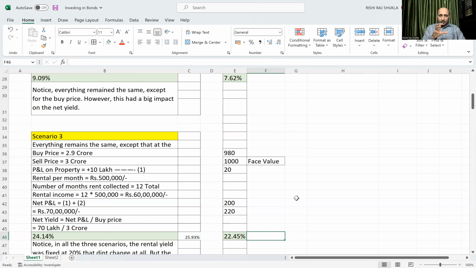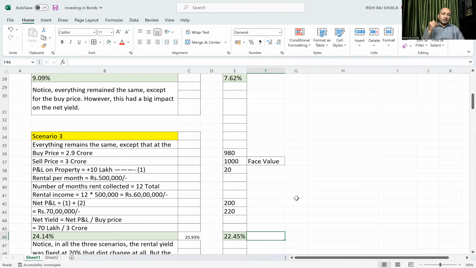So you can see here how this affects our yield value even if all things remain the same. So we should be careful of these scenarios and try to get a bond if we are getting it at a discount, so that our yield can increase.